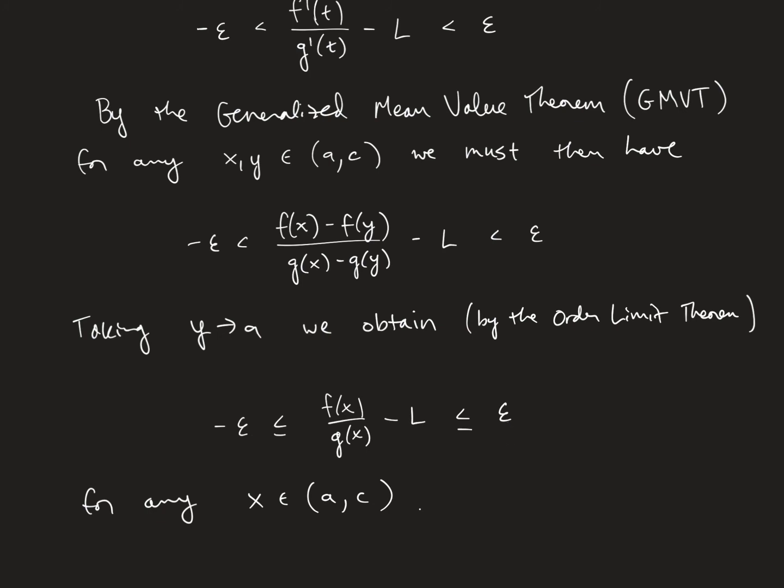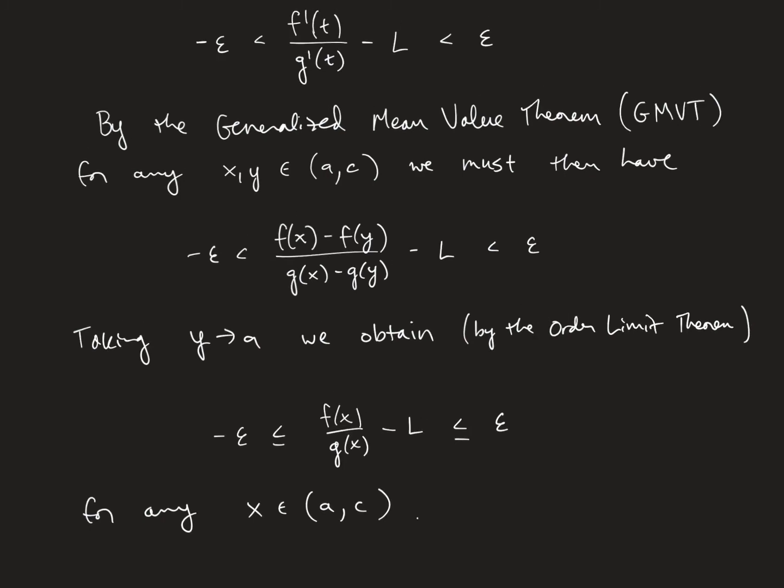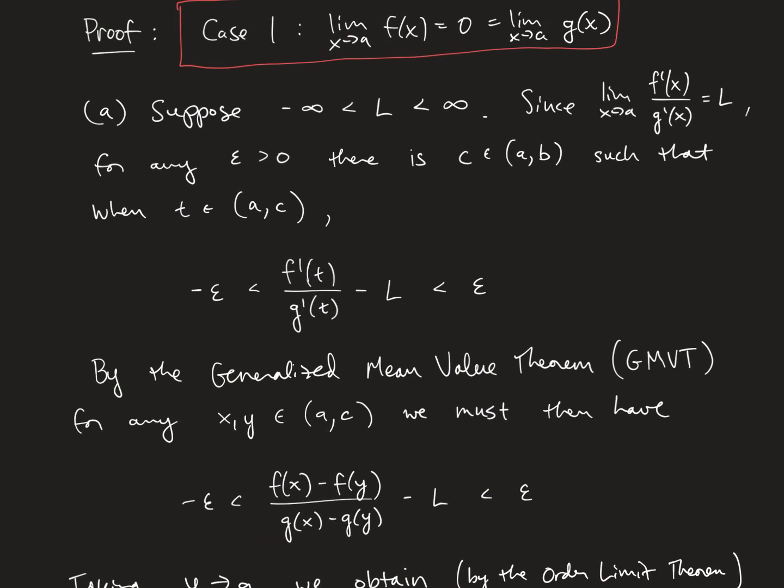We really are supposed to get less than epsilon, but this is not actually a problem because for this given epsilon, we can find our delta, or we can find c, such that when t is within delta of a, this quantity is less than epsilon over 2 in absolute value. So I can just change this to epsilon over 2.